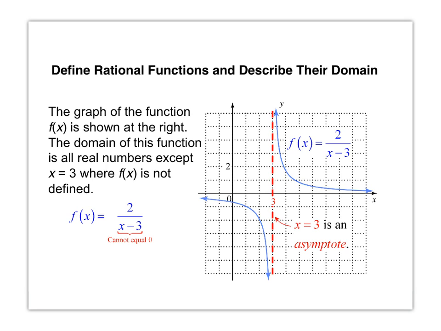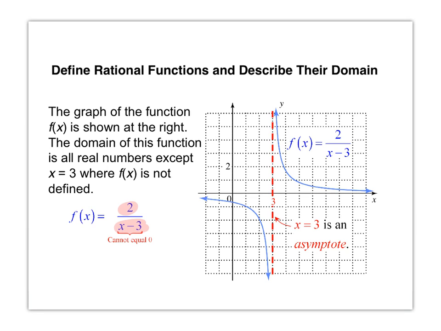The domain of this function is all the real numbers except x equals 3, where f of x is not defined. Our function has a polynomial of 2 in the numerator and a polynomial of x minus 3 in the denominator. So the domain is all real numbers except for what would make the denominator equal 0.